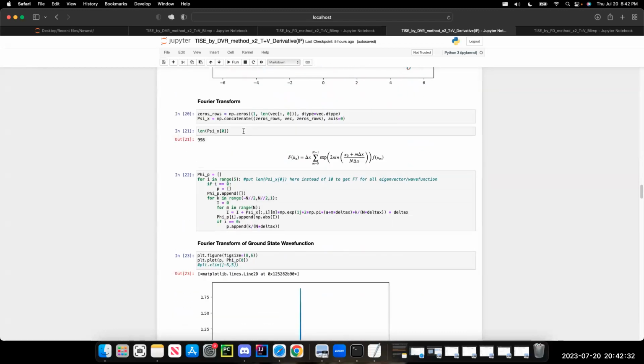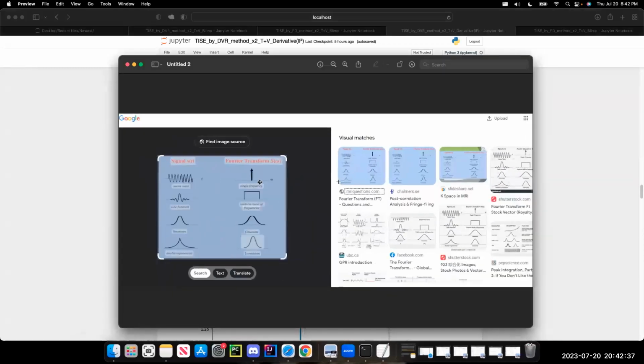Now, coming into the Fourier transformation, I think it's useful to recognize that if we have a wave function that's represented in terms of time, the Fourier transformation can represent that in terms of something else. So it's another representation, right?